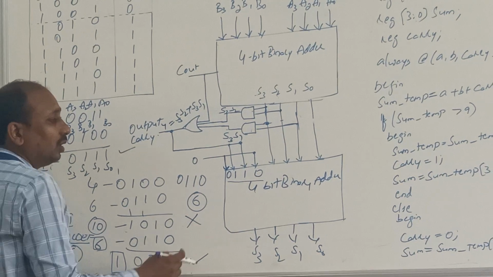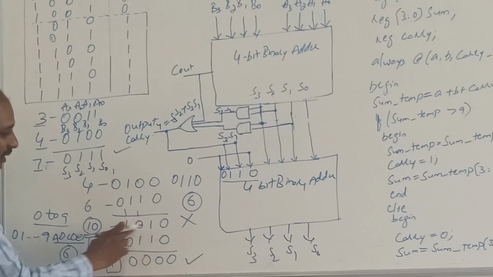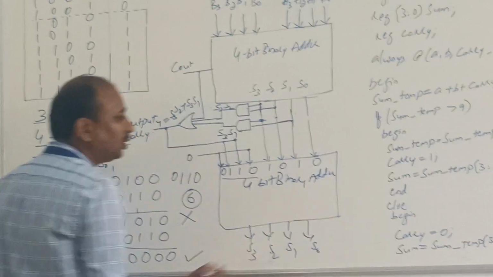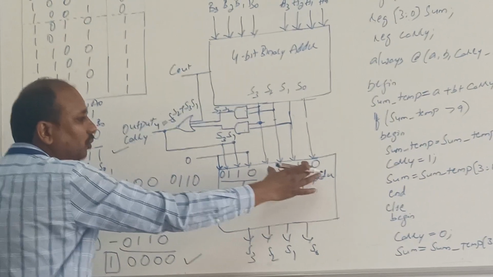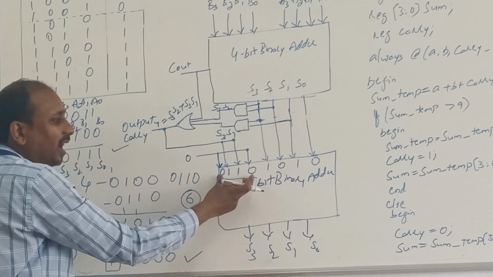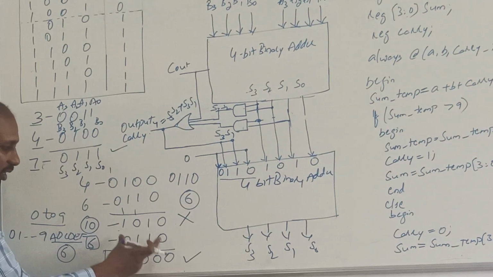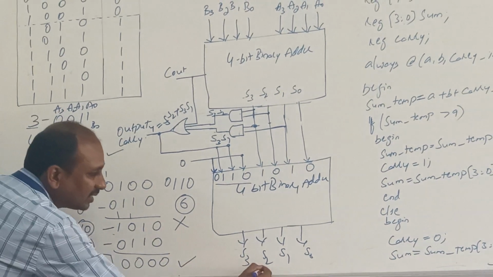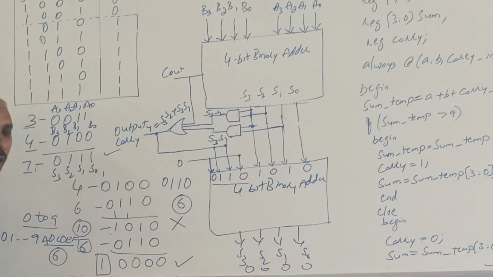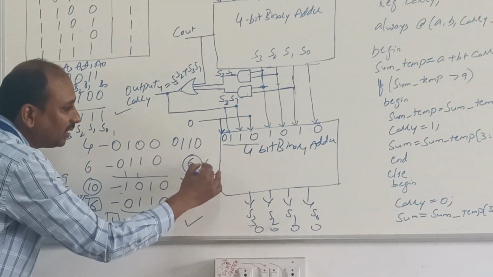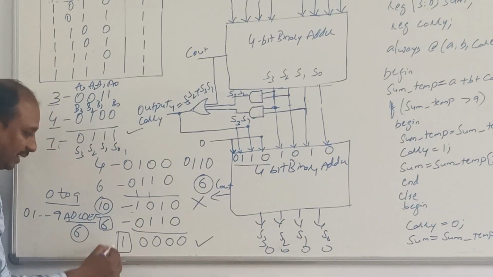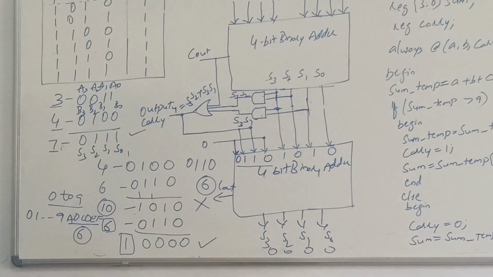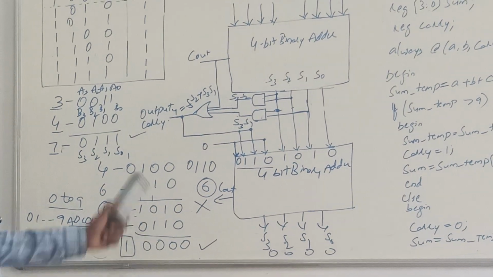So when the sum exceeds 1001, suppose I got 1010 here as output, this 1010 will get added with 0110, that is what I have done here. The final result I will be getting here is 0000, and along with this I will be getting the carry C out, which is written in this box. So this is the overall explanation of my experiment 5.